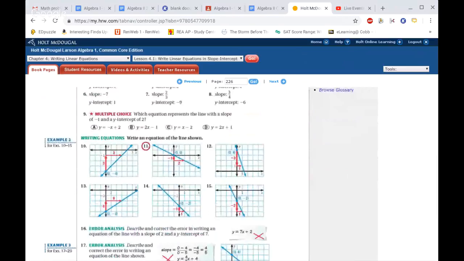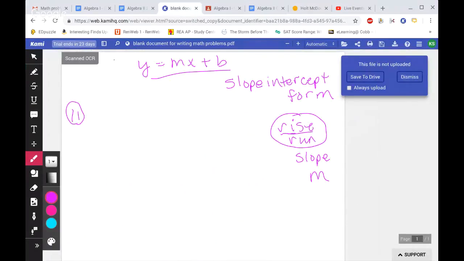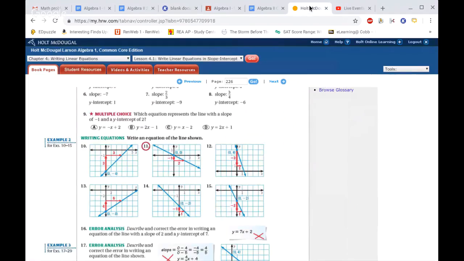On number 11, what is the rise? -1. -1. Good job. It is -1. All right. What is the run? 2. 2.